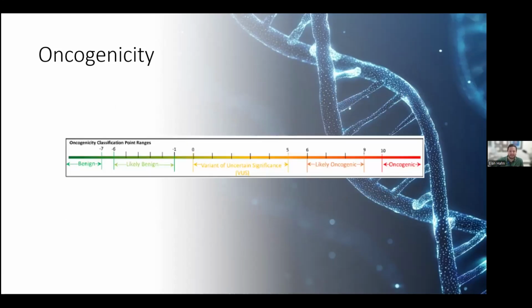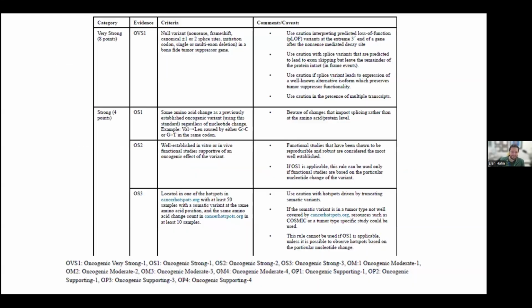So oncogenicity, it's very rigorous, and they give point ranges for each classification. So you range from benign, likely benign, to variants of uncertain significance, to likely oncogenic and oncogenic. And we're going to go through the rubric now. So very strong is that OVS1, and this would be a null variant in a bona fide tumor suppressor gene.